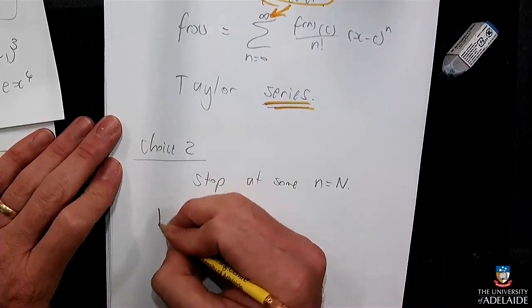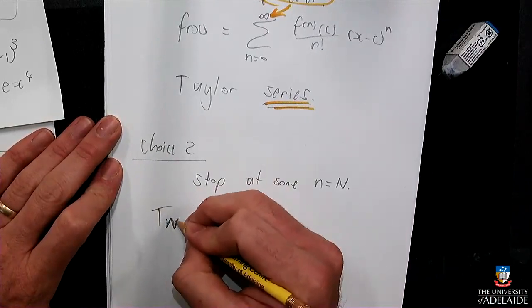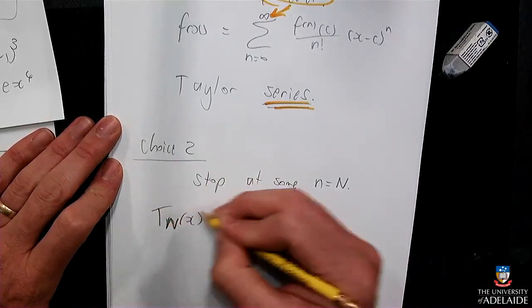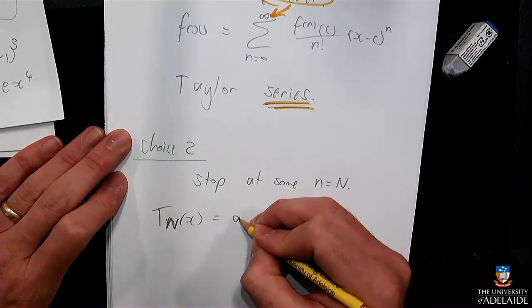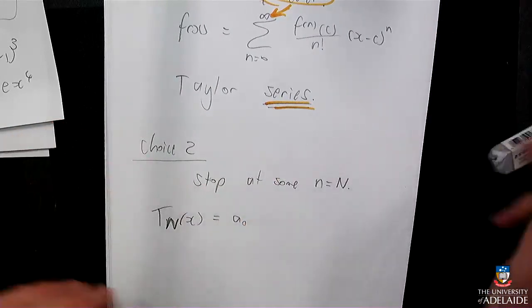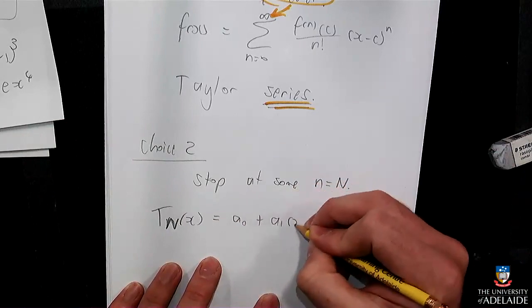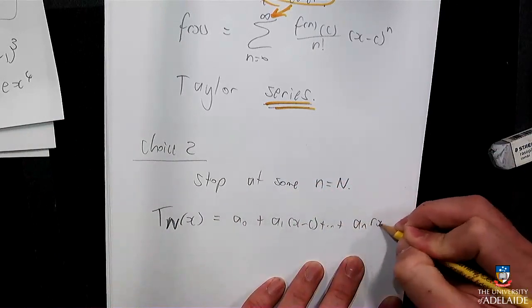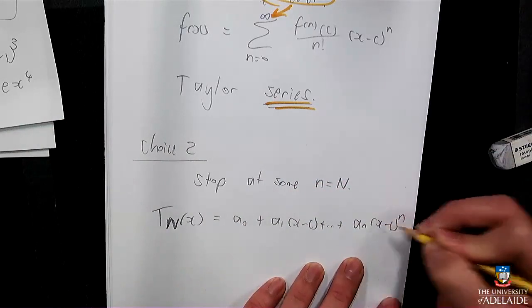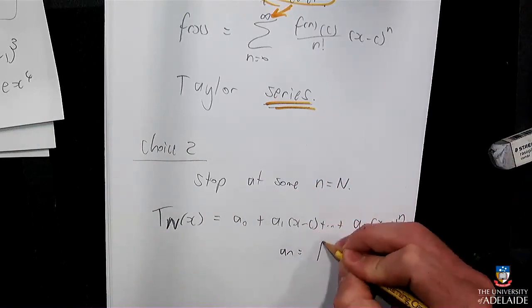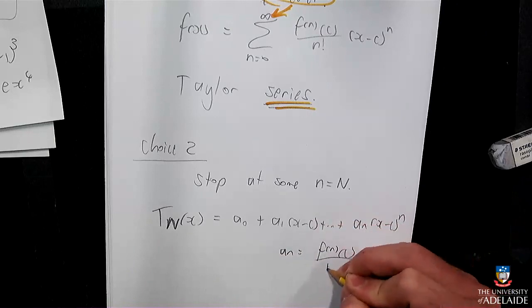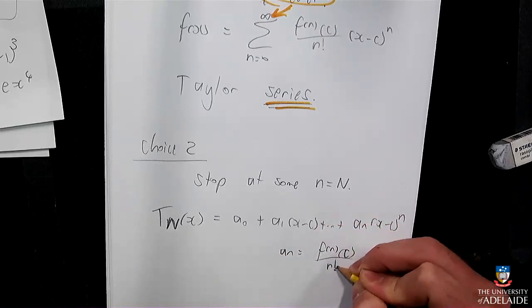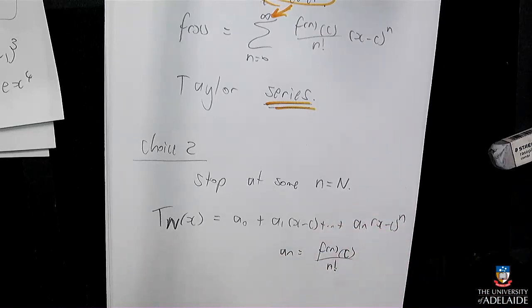And so in that case, you call it the nth Taylor polynomial. So you have something like that, where a_n is the coefficient. Okay, you can stop at some point.